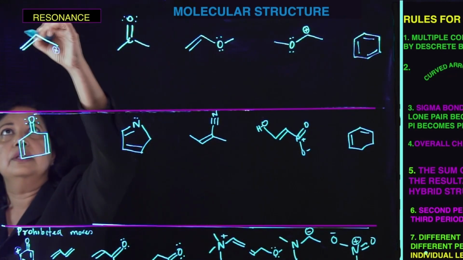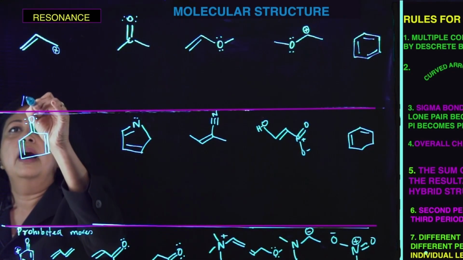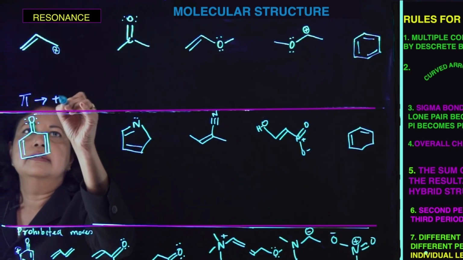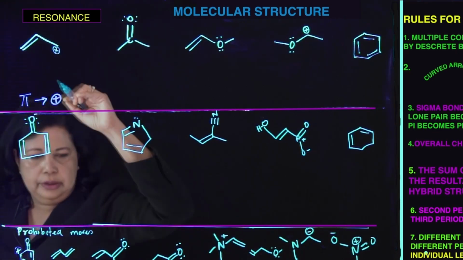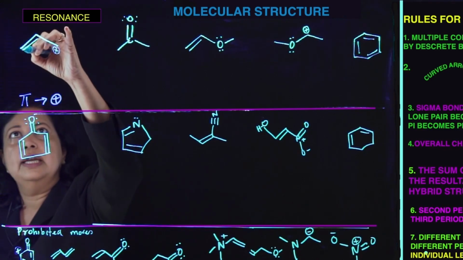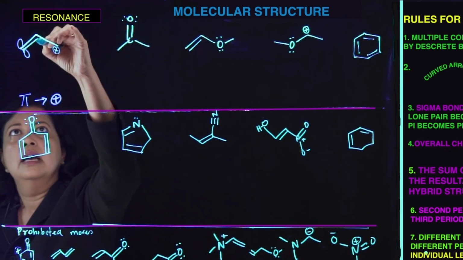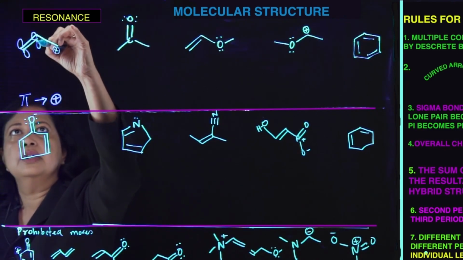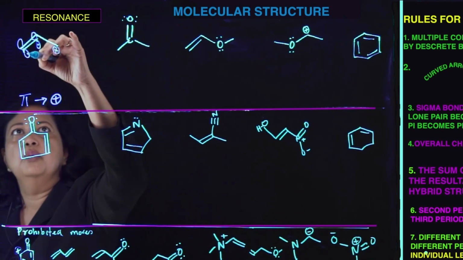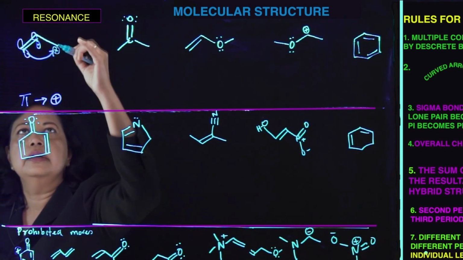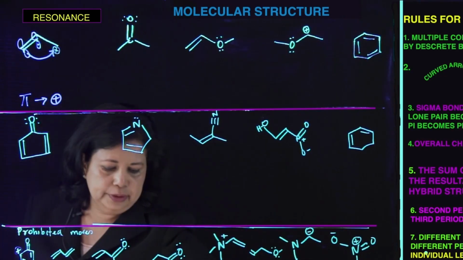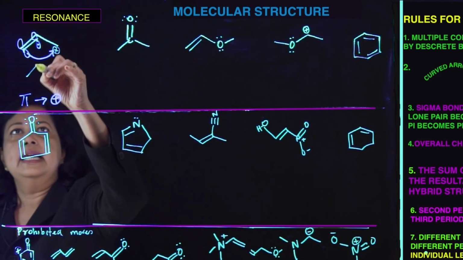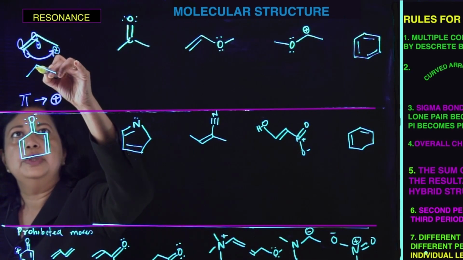So these 2 electrons are basically, you can go from pi to positive. So here, you can take these 2 electrons, those are the pi electrons here, and then move them over here. So basically, you're going to now get a bond between these 2.